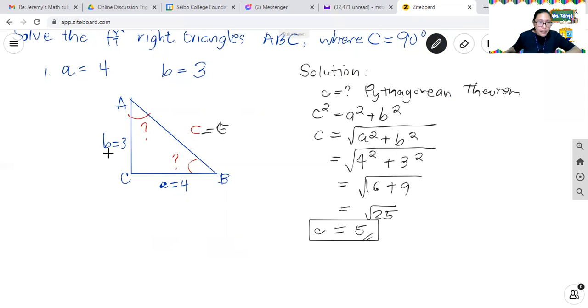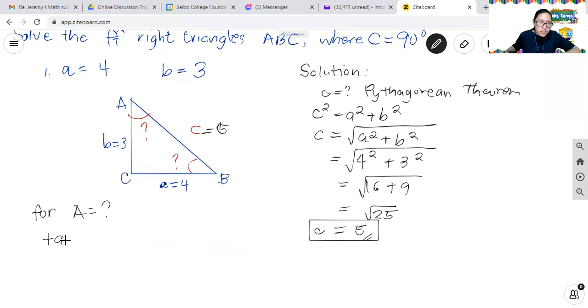And looking at a and b, what are a and b in relation to angle A? Side a is opposite angle A, and side b is the adjacent side of A. Therefore, the trigonometric function that we can use to find A is tangent.